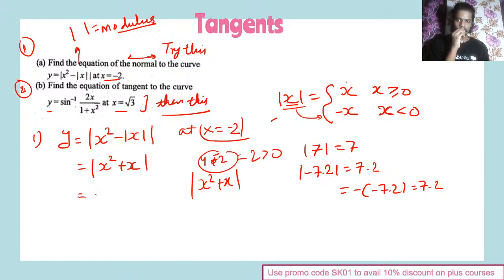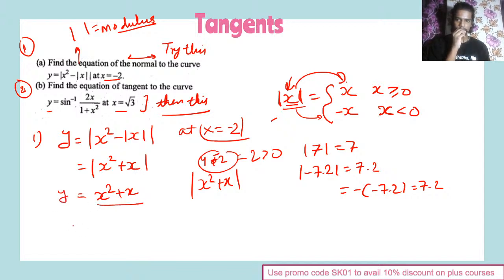And if it is positive, the answer would be the same. I have already told you, if the inside argument is positive, the answer remains the same, otherwise it becomes negative. We saw that at x equal to minus 2, the inside one was turning out to be negative, so we added another negative sign and it became plus. For the outside mod, if you put x equal to minus 2, you will get 4 minus 2, which is 2. 2 is positive, so the answer would be the same.